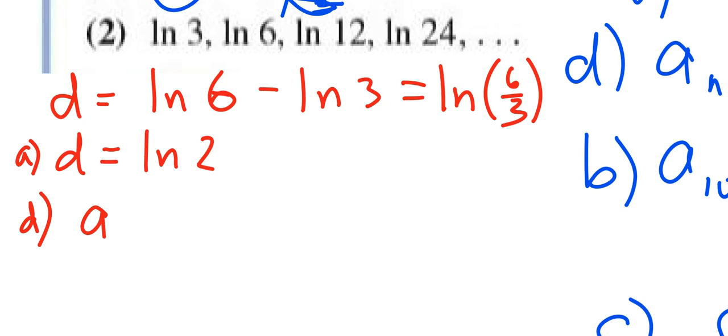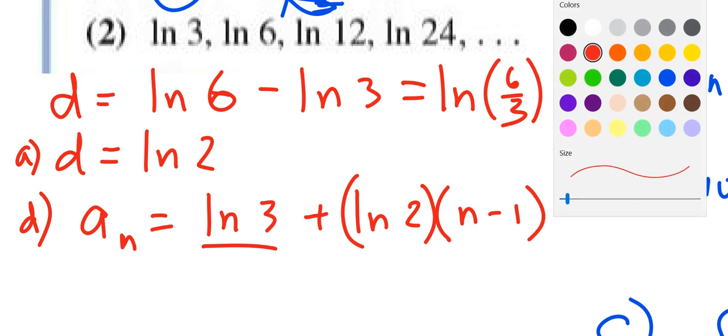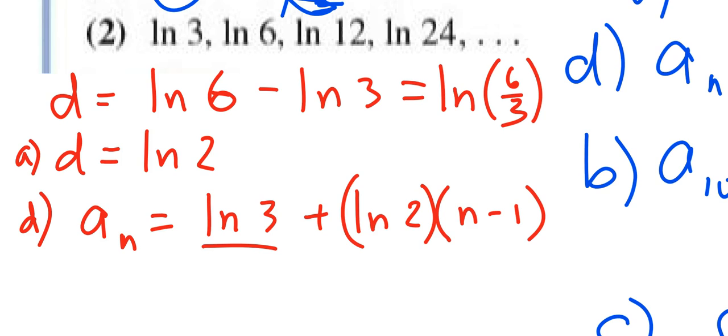So that would be A sub n equals first term, yep, there's your first term, plus common difference times n minus 1. Keep in mind it's the natural log of 2 that's all one thing. You can't separate the natural log into 2. Wouldn't want you to try that at home or anywhere else.